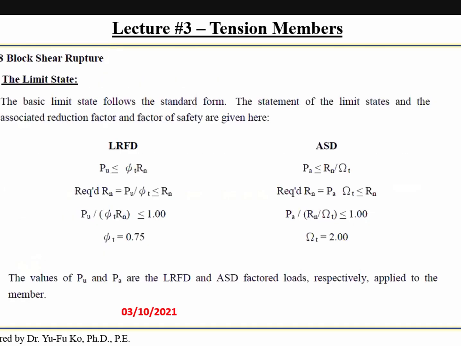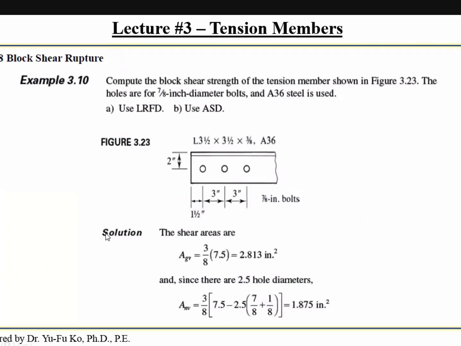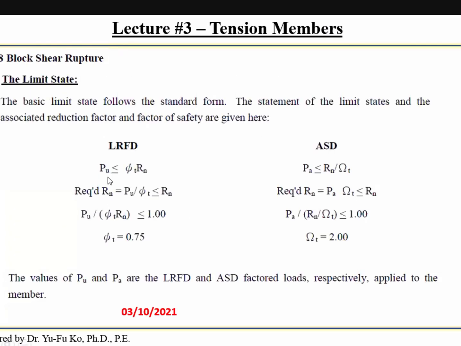Also, I combine the limit states for LRFD and ASD in one slide. Here I show you the equations. Pu is the demand based on factored load combination, and phi is 0.75 times the nominal strength for block shear, which we just talked about.